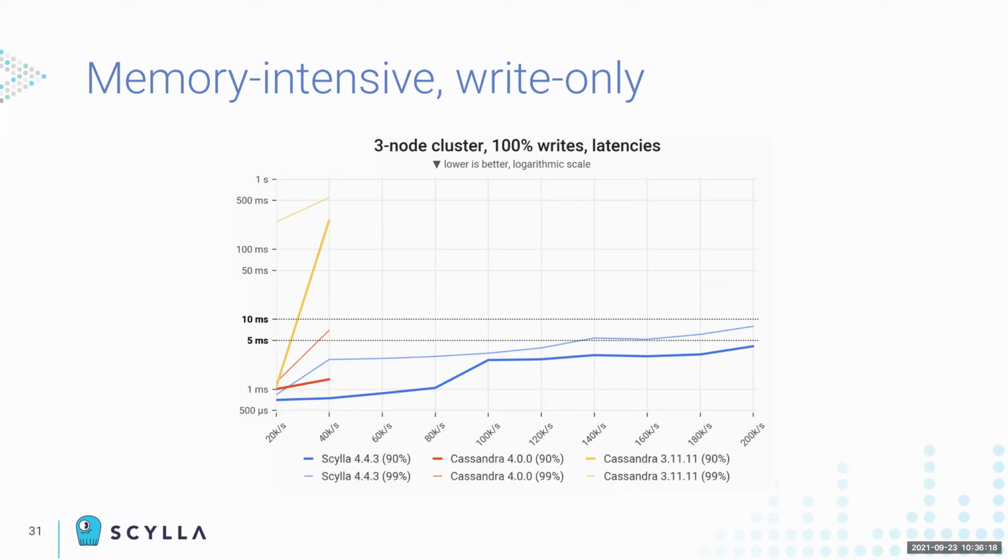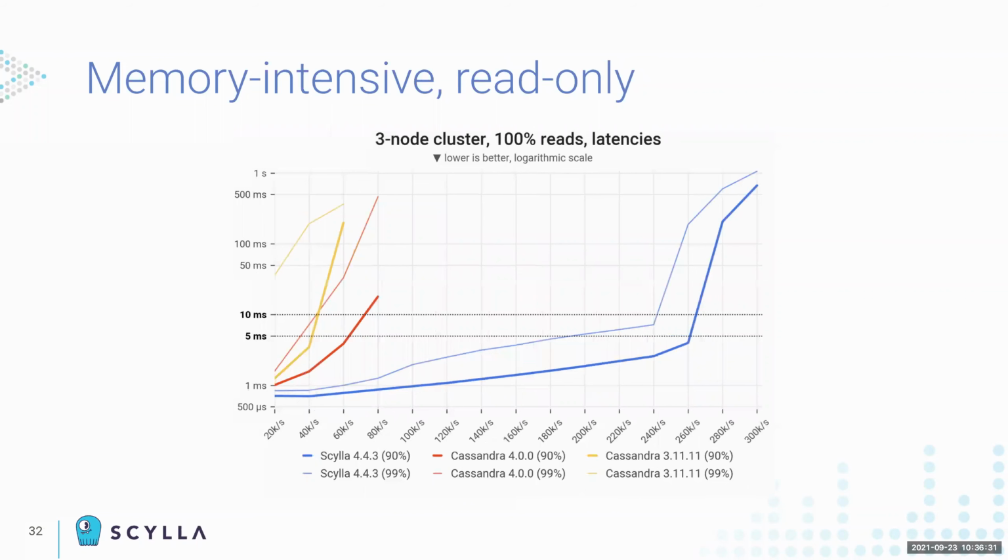Cassandra, on the other hand, can't really handle more than 40,000 operations, which is 5 times less than Scylla. And this is the memory intensive read-only test.